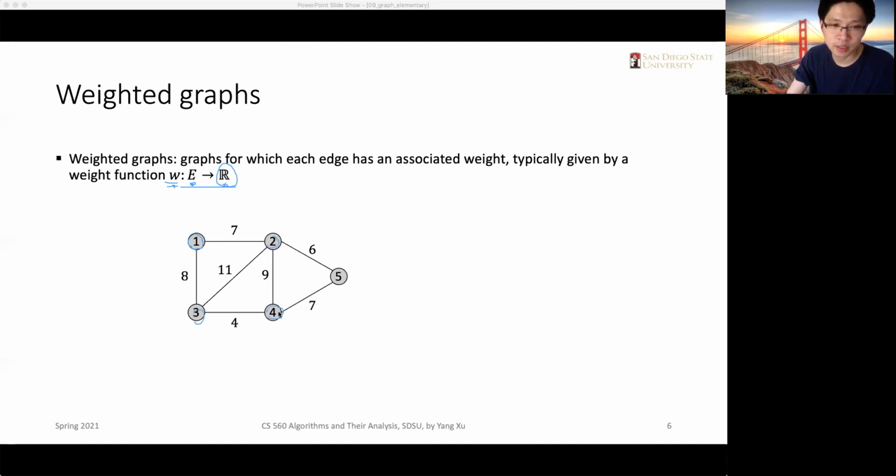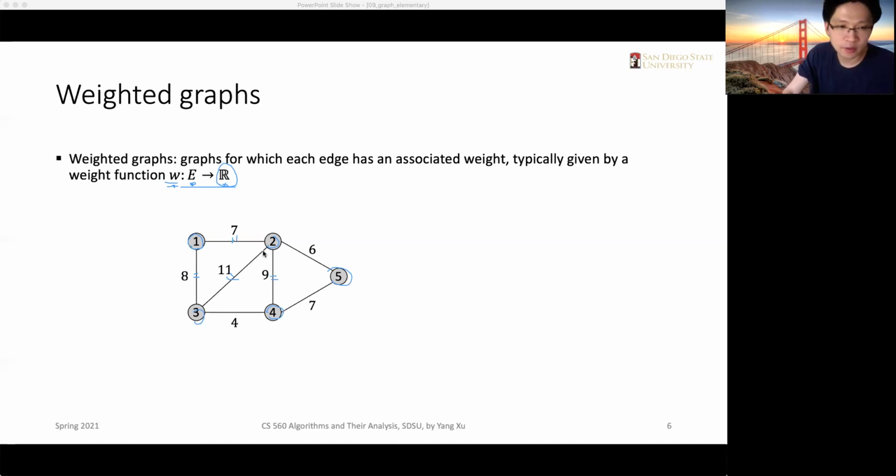So these are not magnitudes. They don't have magnitude meanings, all right? But the numbers associated with the edges here, like the 7 here, the 8 here, the 11, the 9, they are the weights, which means they represent magnitudes, right? Their magnitudes have meanings.